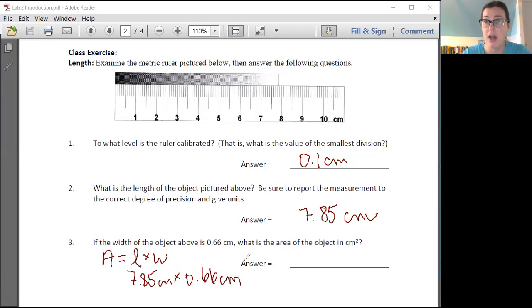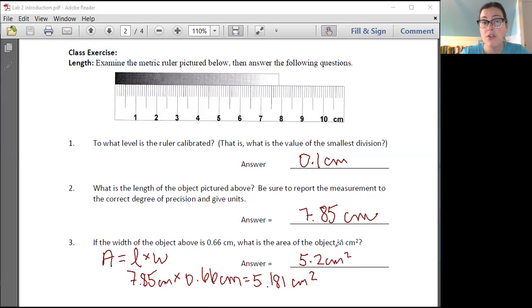Remember that the zeros at the beginning of decimals do not count. So when we do this multiplication, we are only going to round. I get 5.181, and my unit would be centimeters squared. So I'm going to round to 2 significant figures, 5.2 centimeters squared.